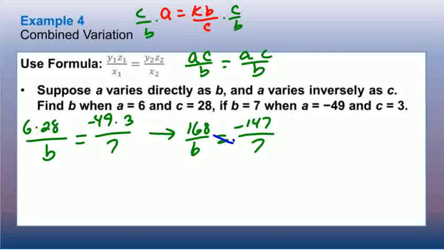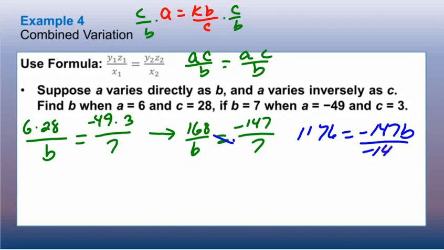Cross multiply. So 168 times 7 gives us 1176 equaling -147B. Divide by -147, and B is going to equal -8.